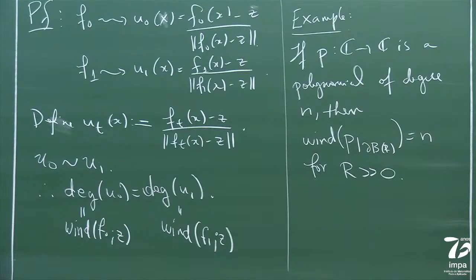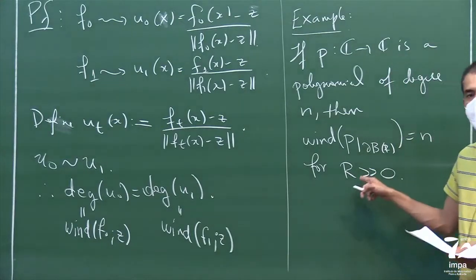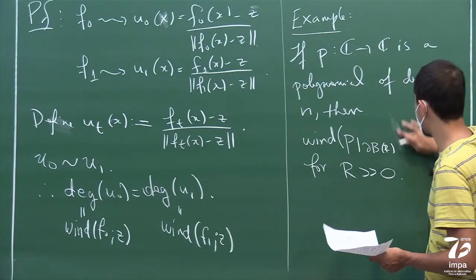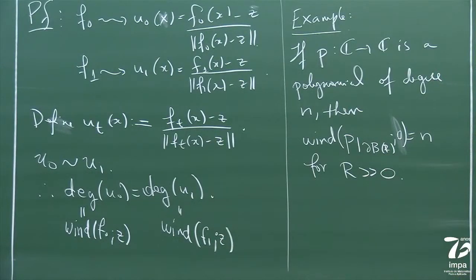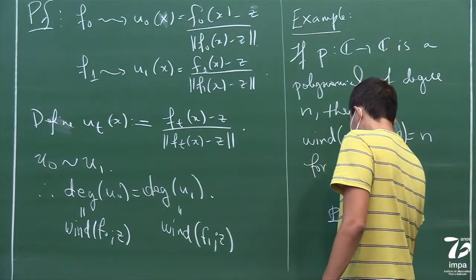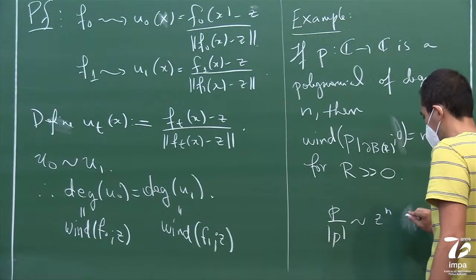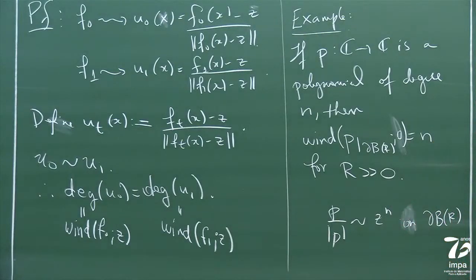Okay? And the reason for that is, we showed last time that if you take a sufficiently big r, the polynomial divided by its norm, the winding number with respect to 0, that p over norm of p is homotopic to z to the n on the boundary of a very large ball. The map z to the n over norm of z to the n has degree n, as we also proved.